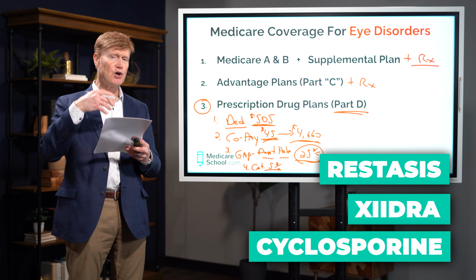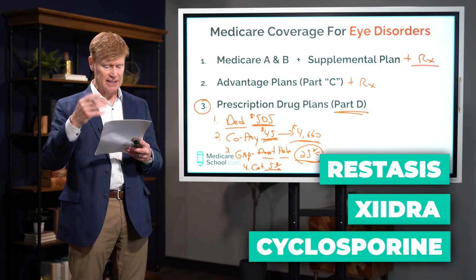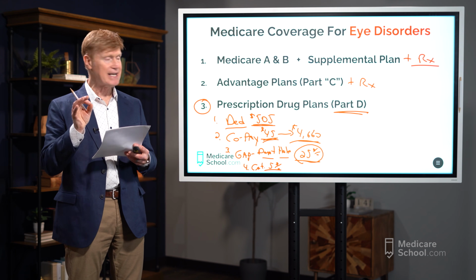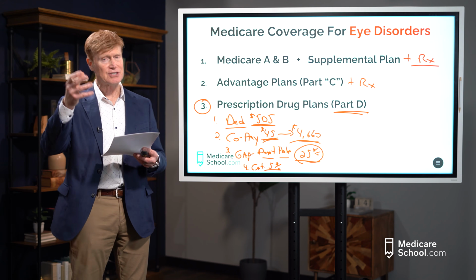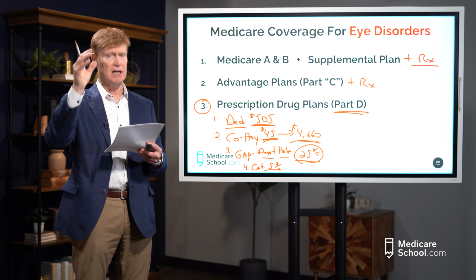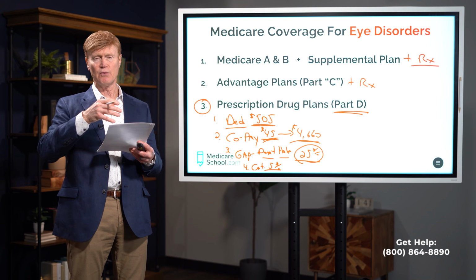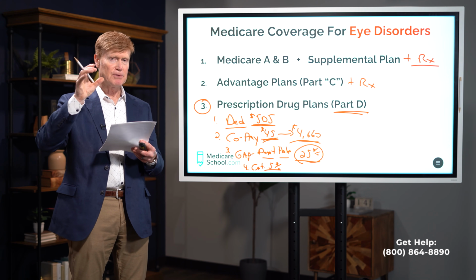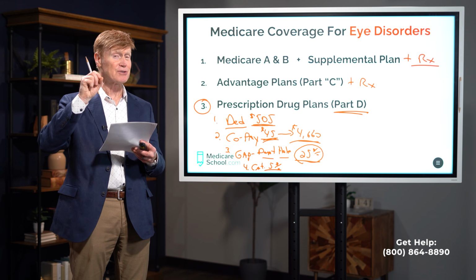Those medications are very common. Let's just talk about the Restasis and the Xiidra. They cost right now on a retail basis about $700 to $800 a month. Now again, they come in different forms, little vials, others just a larger bottle. But the point is it's about $700, $800 every month.